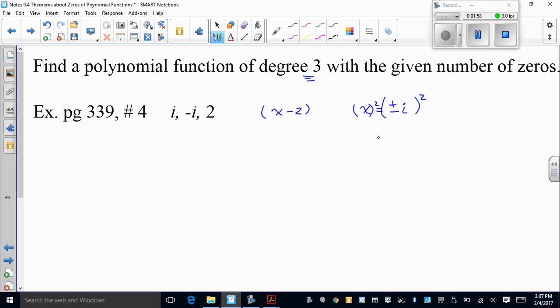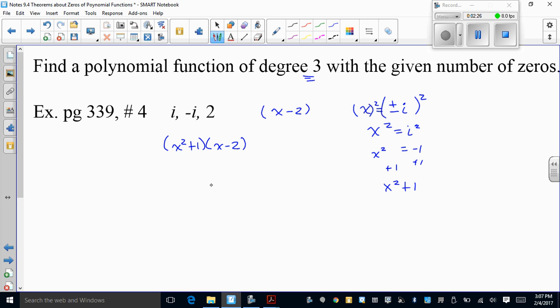So I really have x squared equals i squared. But i squared, I had just given you, is -1. And if I add 1, that gives me x squared plus 1. So my two factors here are x squared plus 1 times x minus 2.